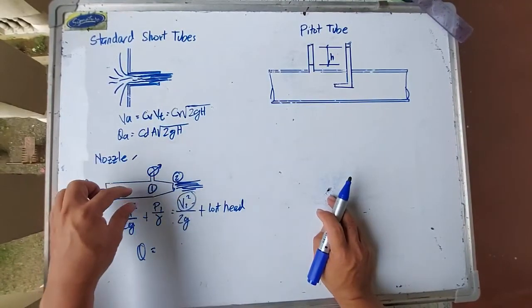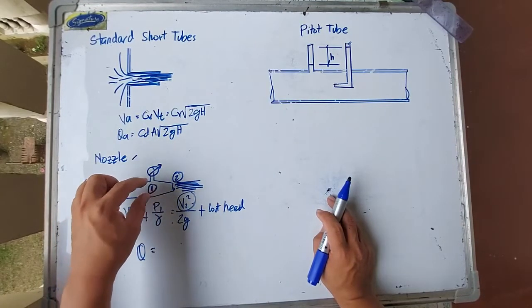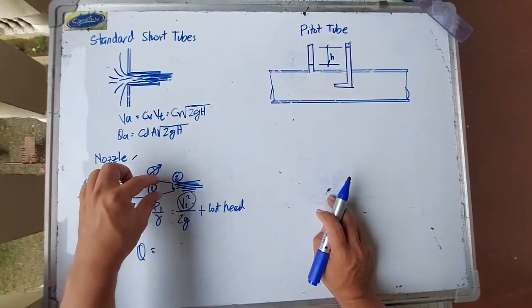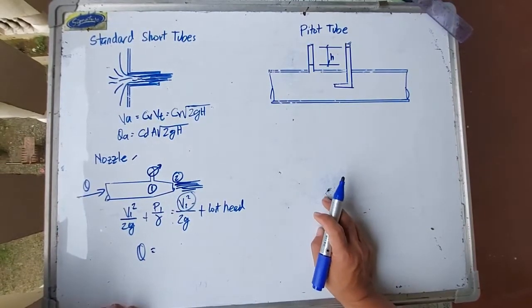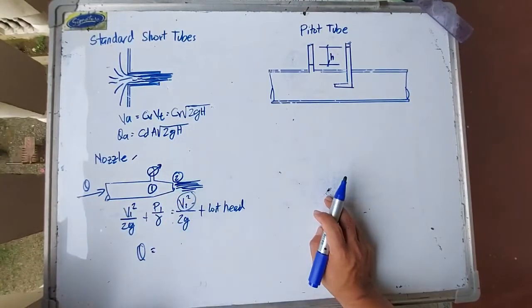That's why, to minimize the loss of energy, we have a designed configuration of the nozzle. Sometimes it is concave or convex, depending, to minimize the loss of energy.